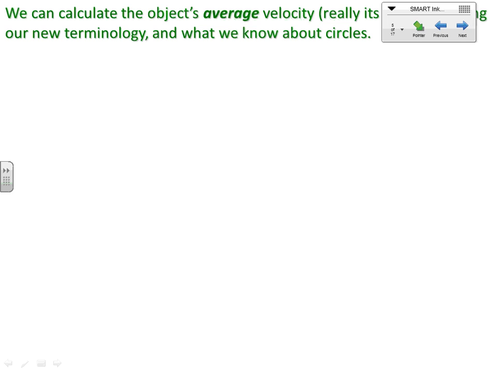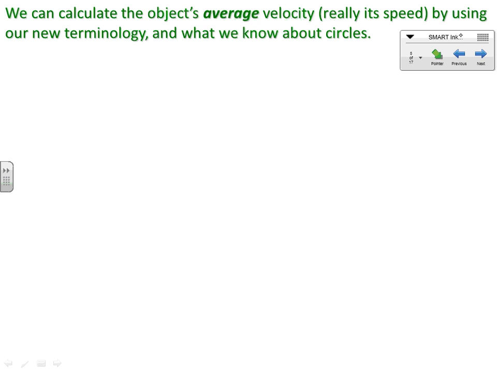A little more complicated, probably. Now, when we talk about velocity, it's really an instantaneous velocity. So I don't know why I write average here. Well, because it's hard to calculate instantaneous velocity when things change direction. But what we can do is say if something goes around in a circle, what's its average speed? Well, speed is distance over time.